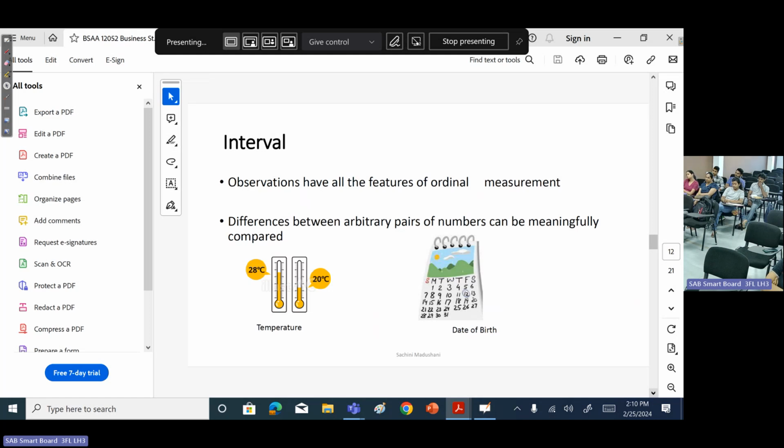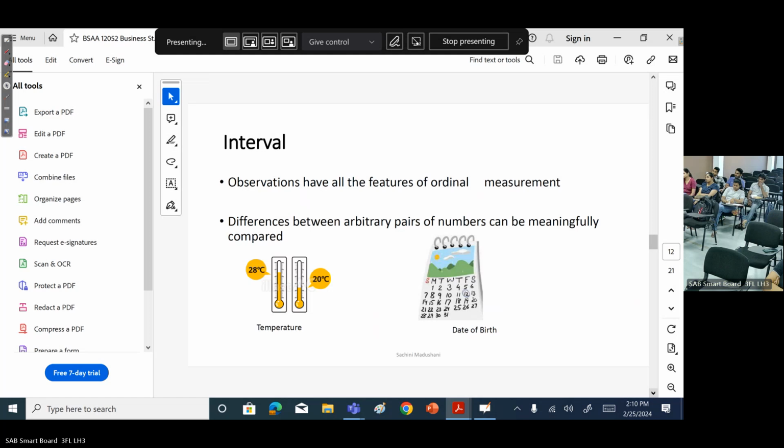Then it means no students. Normally 0 means that. But in the interval level scale variable, it does not mean nothing. Take temperature: what does 0 mean? A temperature of 0 Celsius or Fahrenheit does not mean no temperature. There is a temperature. In the interval scale measurement, 0 does not mean nothing.